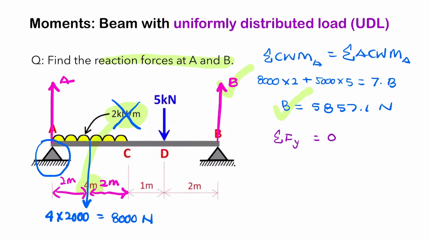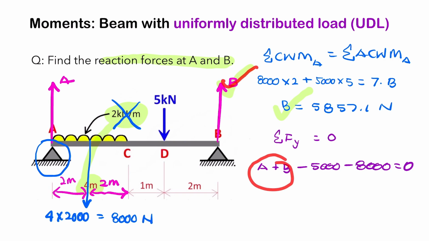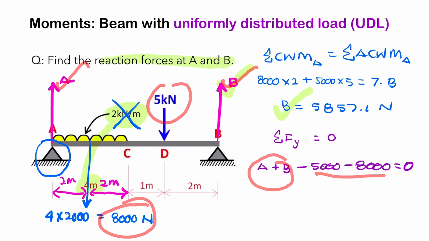So the forces pointing up are going to be positive. The forces pointing down are going to be negative. So I'm going to say A plus B minus 5,000 minus 8,000 equals 0. So that these are the two forces going up, and these are the two forces pointing down.